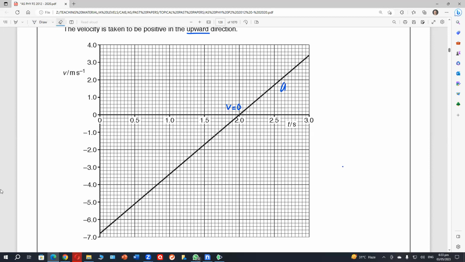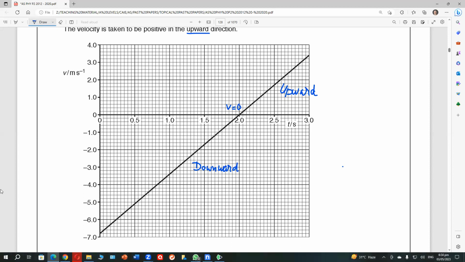And this is the upward motion. And this is the downward motion.